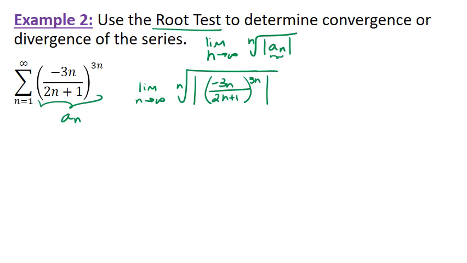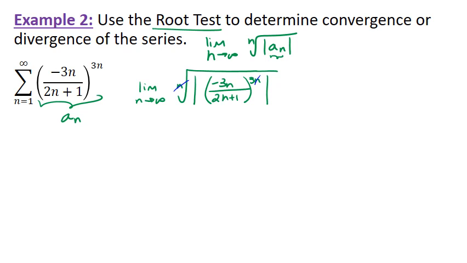If I have this absolute value, the absolute value can actually go away, because what it's saying is you're going to have some odd exponent, and if you have an odd exponent, this is going to be a negative value. Well, the absolute value is going to make this negative go away. This nth root is going to cancel out with this n.